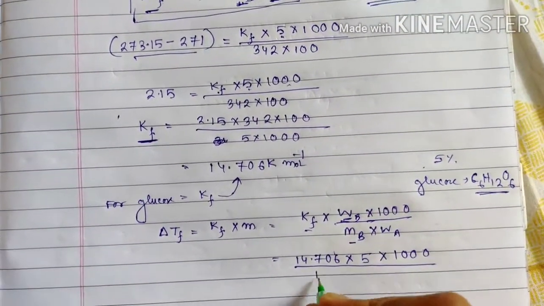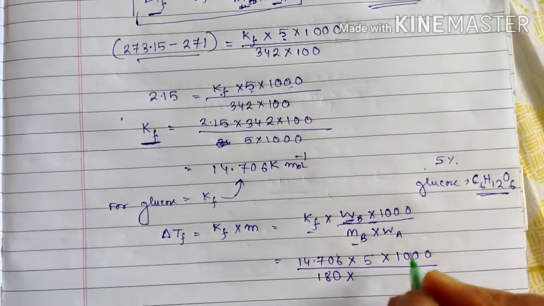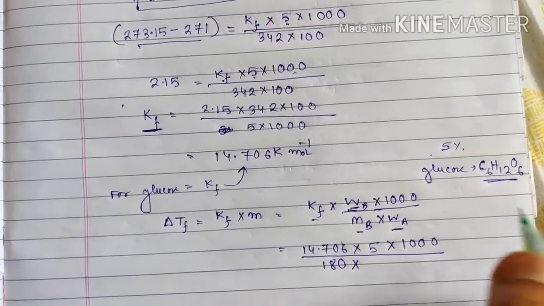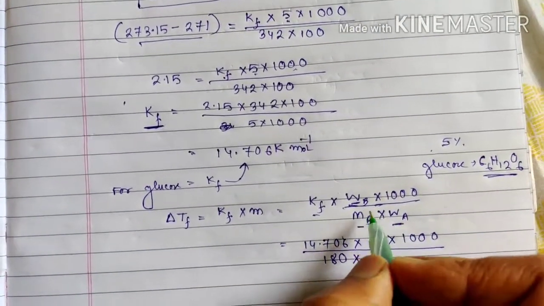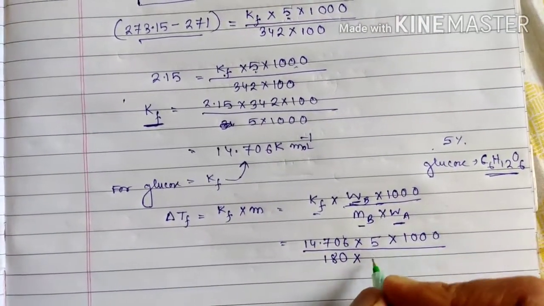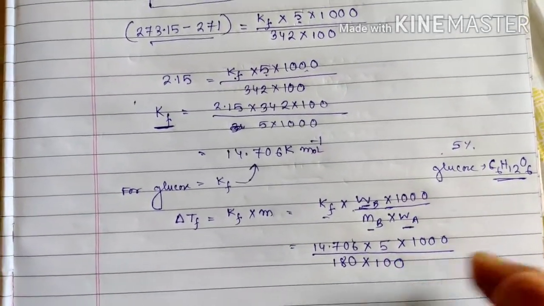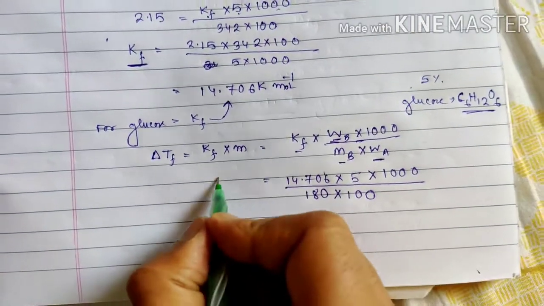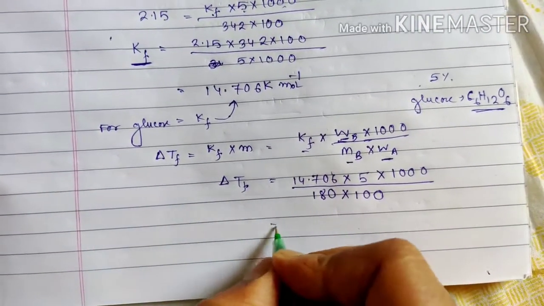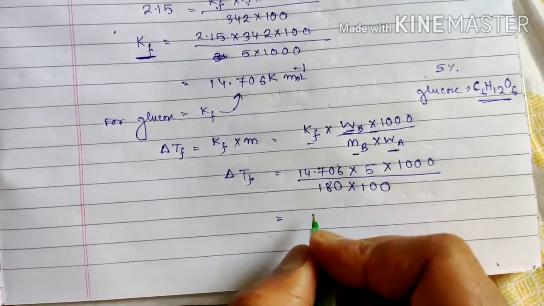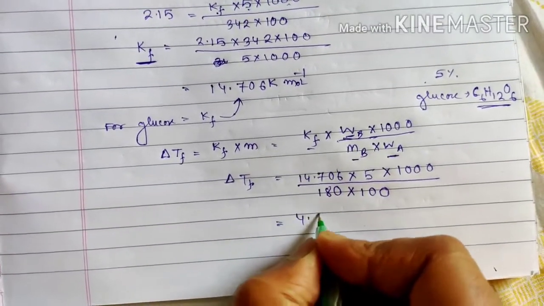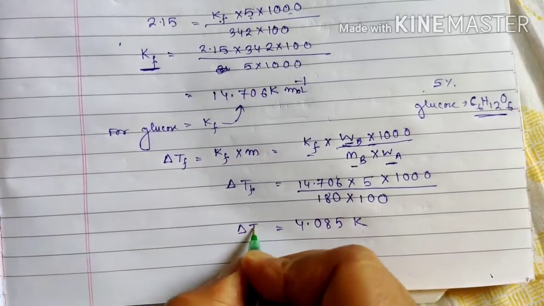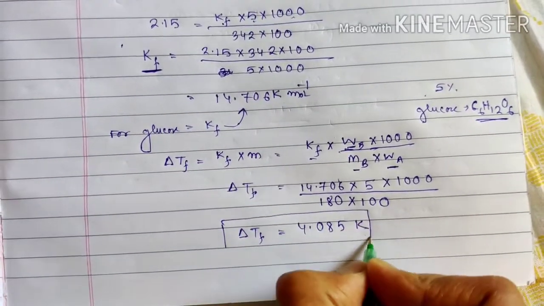So it should be 180 into Wa. This is the 5% glucose solution, so 5 gram is dissolved in 100 gram like the previous case. It will be into 100. Now if you calculate the value of delta Tf here separately by yourself, you will get 4.085 Kelvin. Now this is the depression in freezing point, mind you.